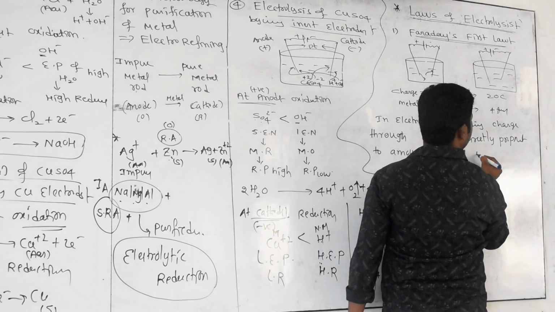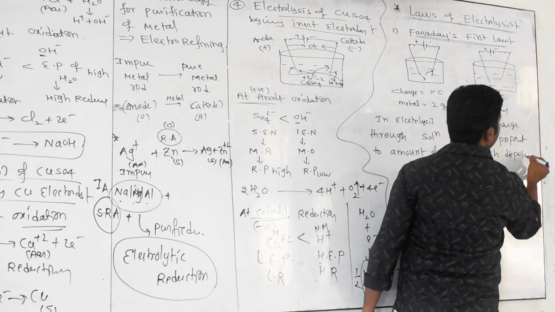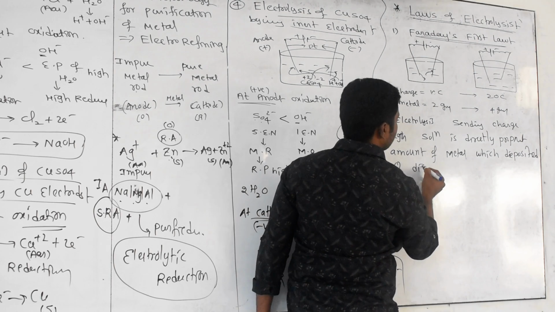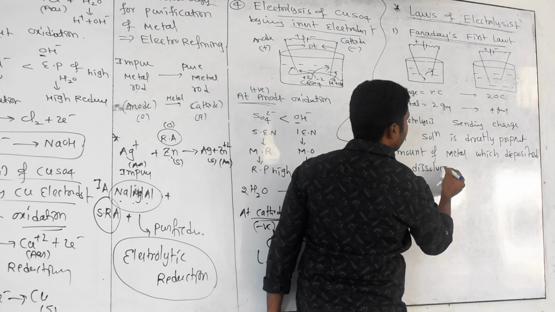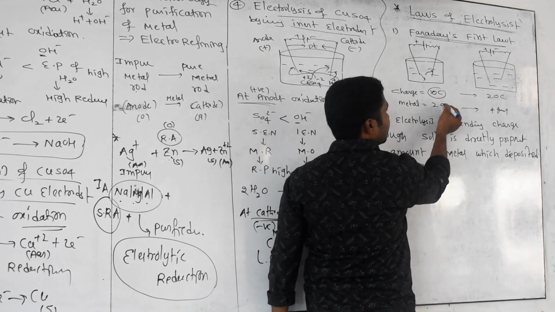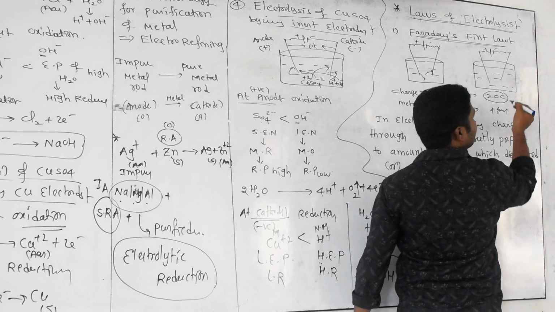That is, the amount of metal which is deposited or dissolved. Did you get my point? If you send a 10 coulomb charge, the quantity of metal deposited or dissolved will be just 2 grams. Now we are sending 20 coulombs to the same solution.